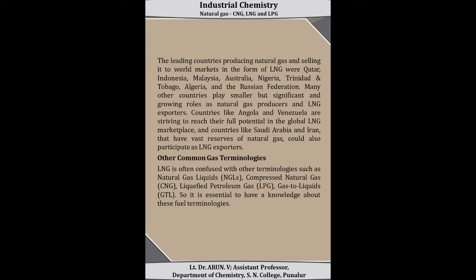The leading countries producing natural gas and selling to the worldwide markets in the form of LNG were Qatar, Indonesia, Malaysia, Australia, Nigeria, Thailand, Tobago, Algeria, and the Russian Federation. Many other countries play smaller but significant and growing roles as natural gas producers and LNG exporters.